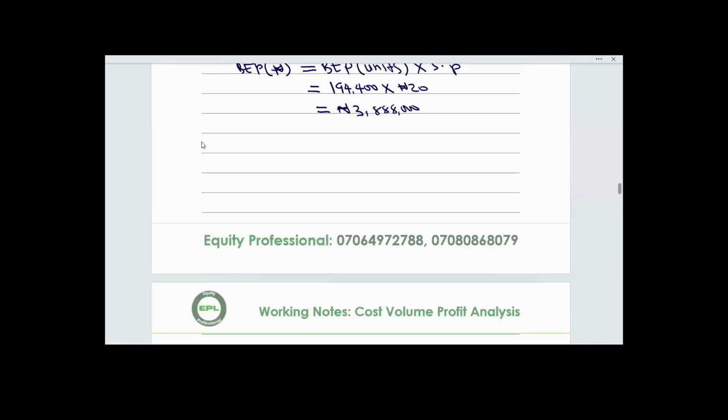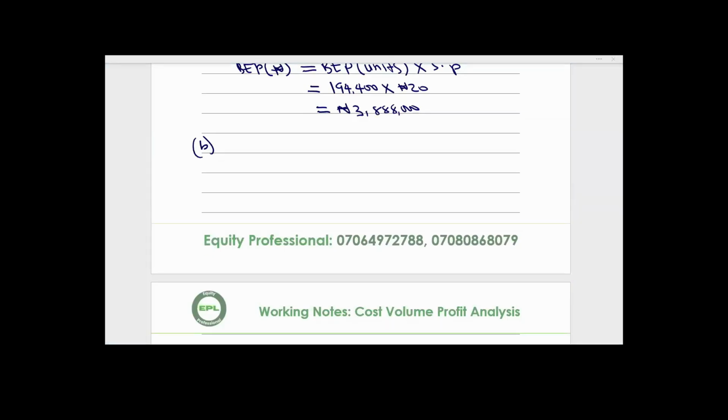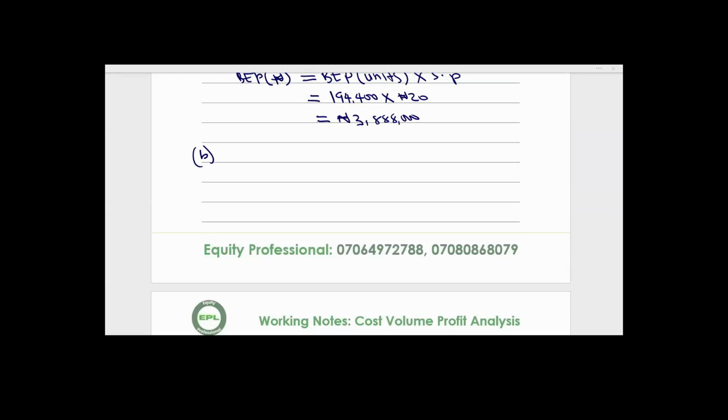Requirement number B. According to the question, you are required to calculate the number of units that must be sold to earn an income of 75,000 naira before tax. So you want to earn income of 75,000. Remember, examiner says number of units.